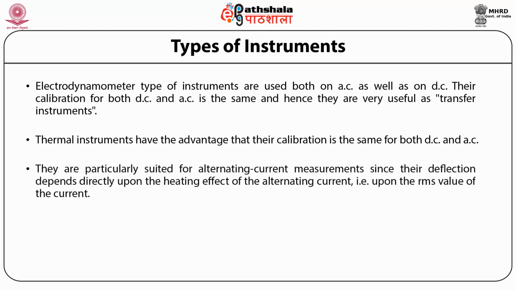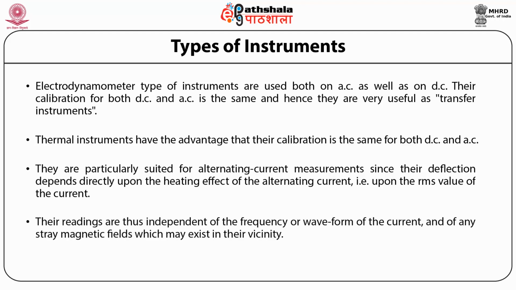Thermal instruments have the advantage that their calibration is the same for both DC and AC. They are particularly suited for alternating current measurements, since their deflection depends directly upon the heating effect of the alternating current, that is, upon the RMS value of the current.